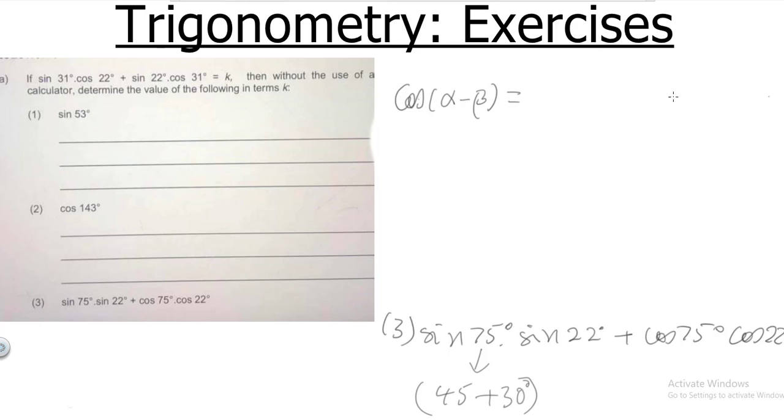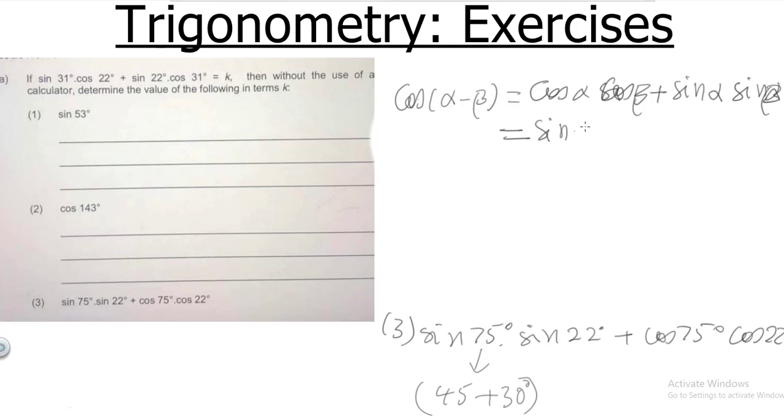If we have to start by what? Cos alpha, cos beta, plus sine alpha, sine beta. So this is how the original formula is, but it doesn't matter because there is a plus here.